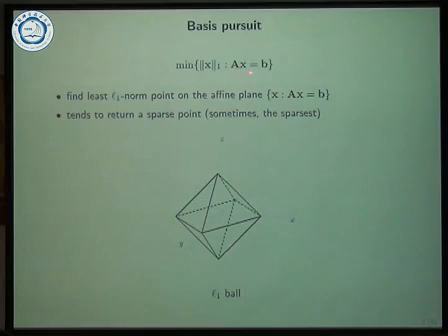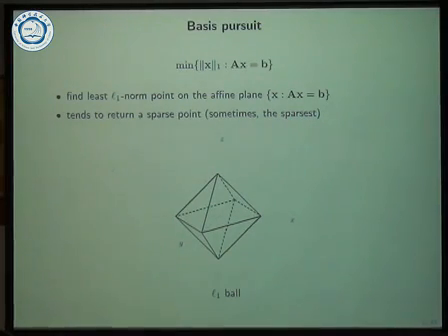Most of the time when you see linear constraints, your teachers told you there's a unique solution. But this is not the case here. This one will have an infinite number of solutions in general, and we are looking for a solution that has minimal L1 norm. So it finds the least L1 norm point on the affine plane Ax equals b. It tends to return a sparse point, and sometimes the sparsest point.